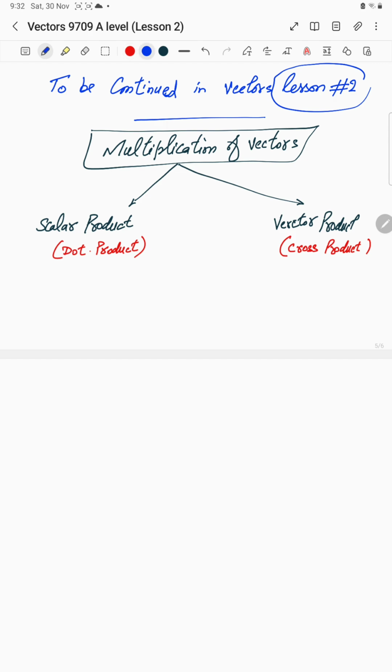And you can define this when two vectors, because you are doing the multiplication of vectors only.